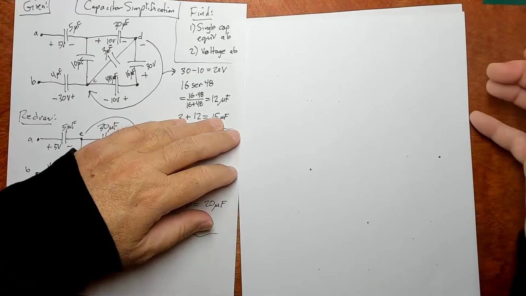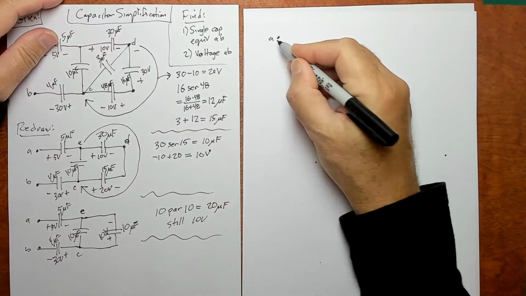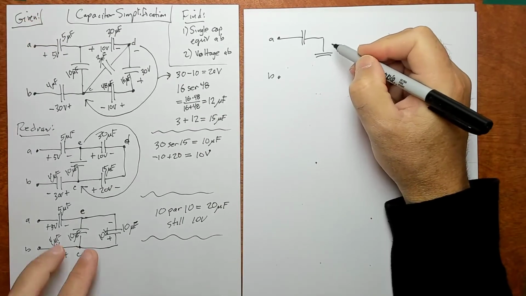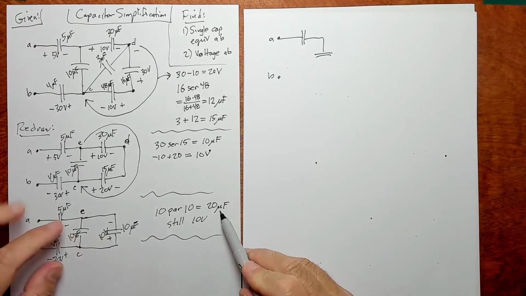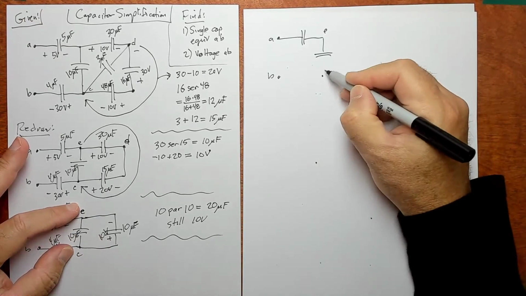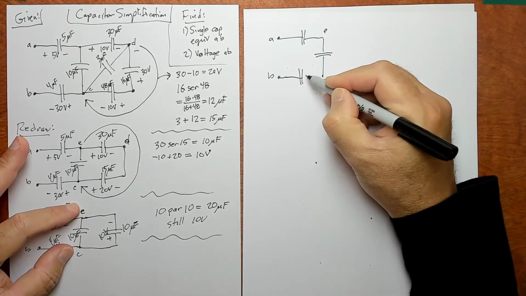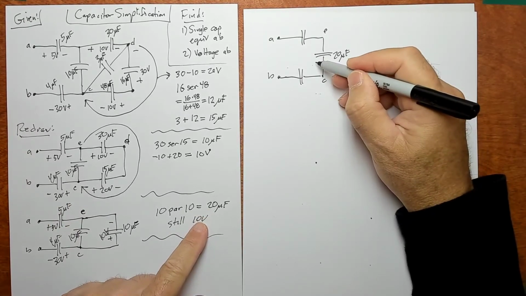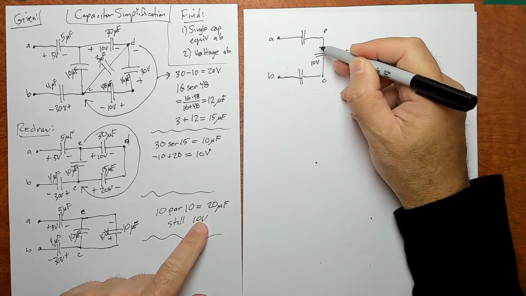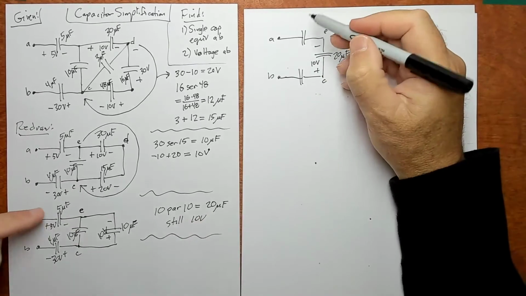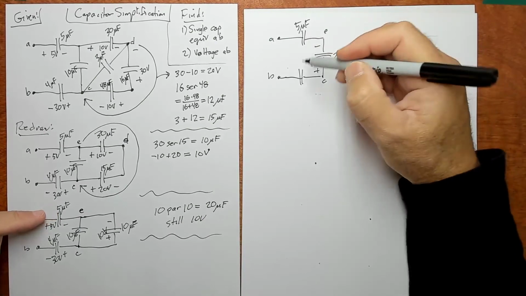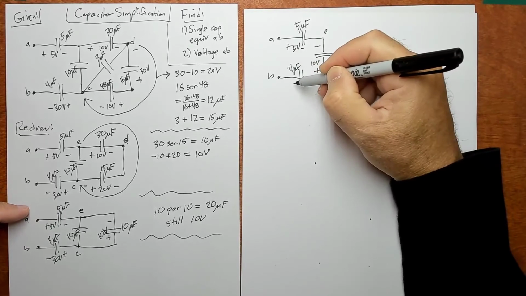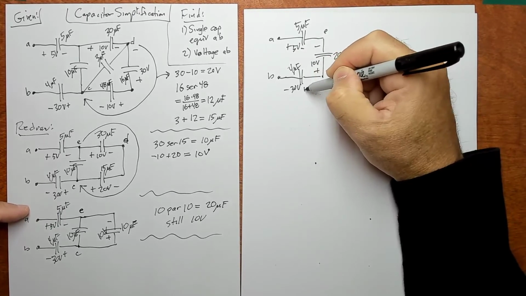So here's A, here's B. Combining these two to get the 20 between E and C gives you 20 microfarad and 10 volts, right? And then the other two, throw them in there: 5 microfarad, 4 microfarad, 5 volts, this polarity, and 30 volts, this polarity.